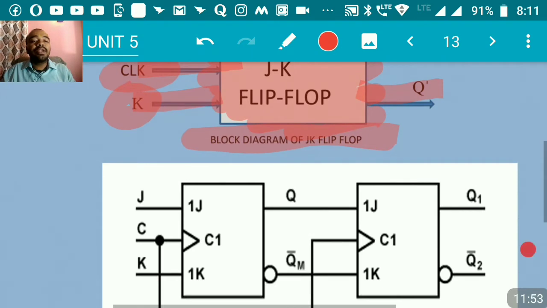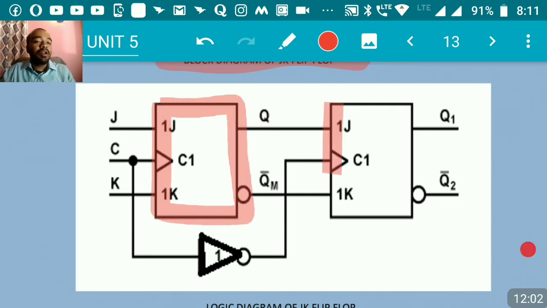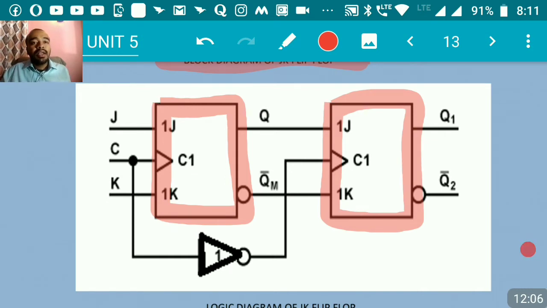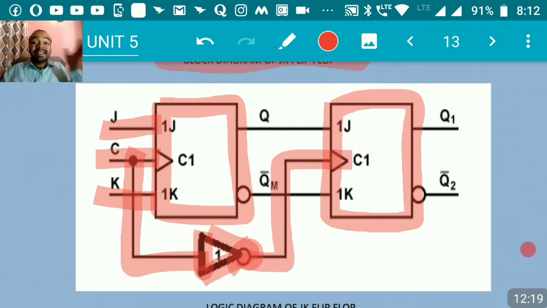So what connections it is going to have, that is what we are going to understand by using the logic diagram. I have a JK flip-flop over here and I have one more JK flip-flop over here. So the inputs are J, clock, K. The same clock pulse is given to a NOT gate, and further it is connected to the slave flip-flop.